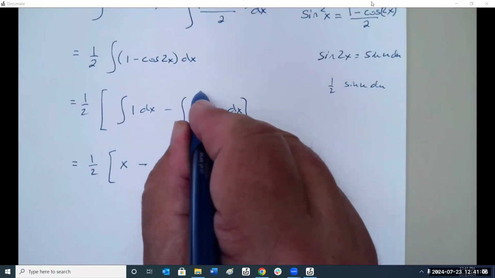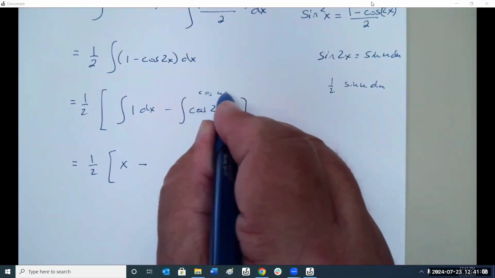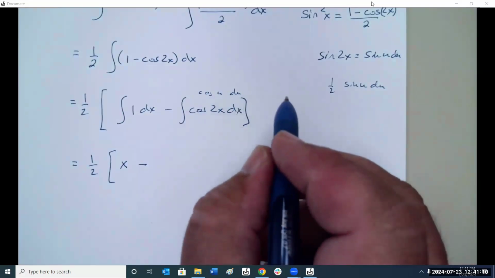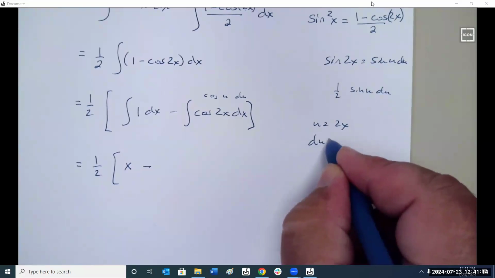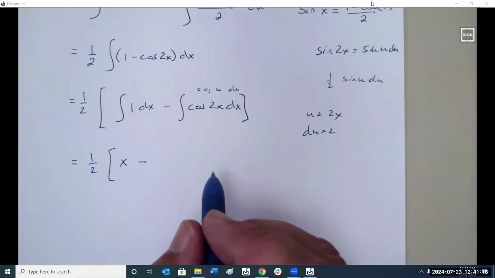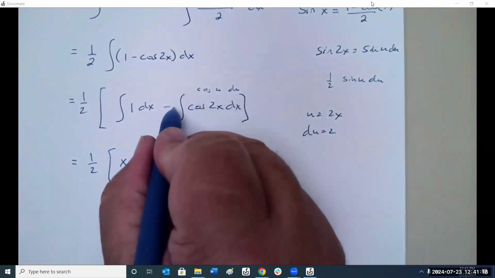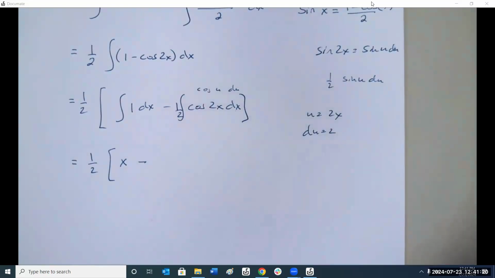So this is cosine u, we need du. U is 2x, so du is 2. So we need a 1/2 in front of here.